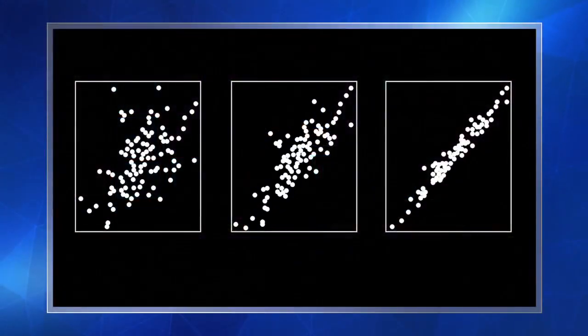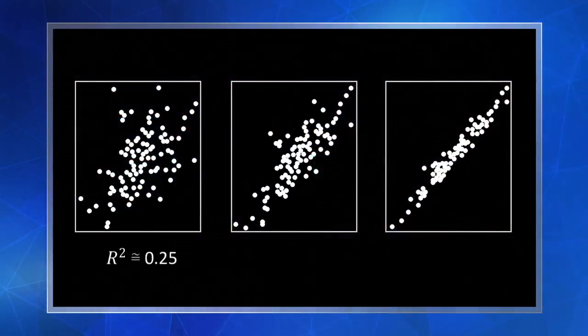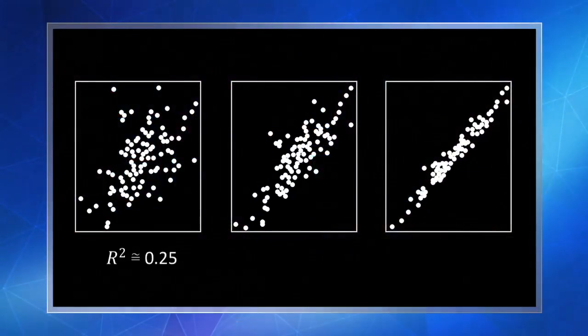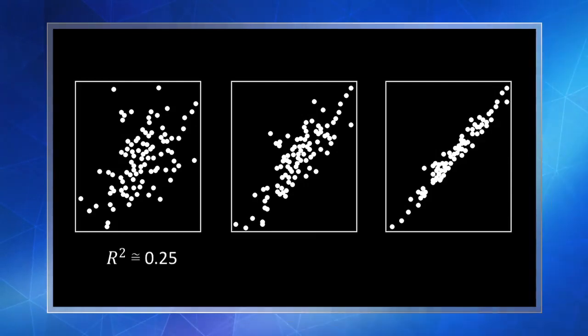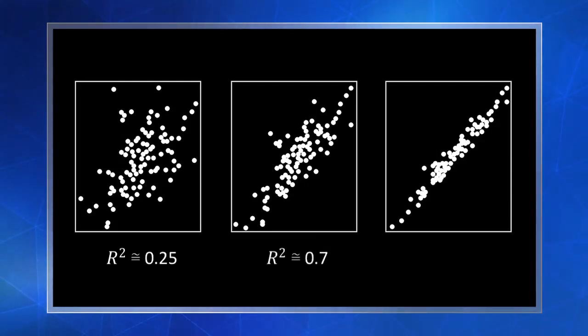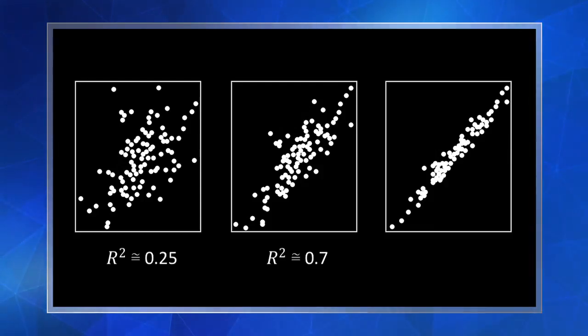Now here you see an example of data that has an r squared of approximately 0.25. You see some association between the two variables, but that linear relationship really isn't that strong. Now the data in this next plot has an r squared value closer to 0.7. And notice it has a stronger linear relationship, and we can start to see where an increase in y can relate to an increase in x as well.